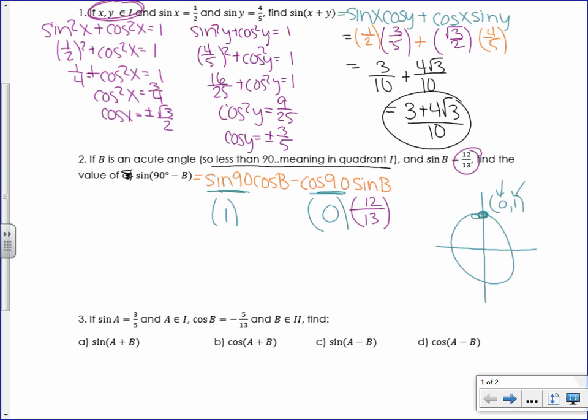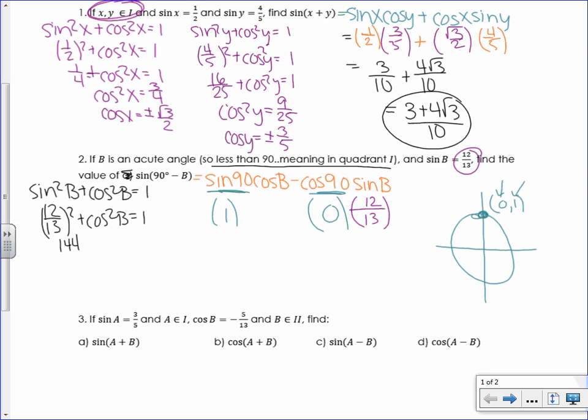And now I do have to do a little bit of legwork and use some Pythagorean identities to find the cosine of B. So over here I've got sine squared B plus cosine squared B is equal to 1. So the sine of B is 12/13. So this is 12/13 squared plus cosine squared B equal to 1.